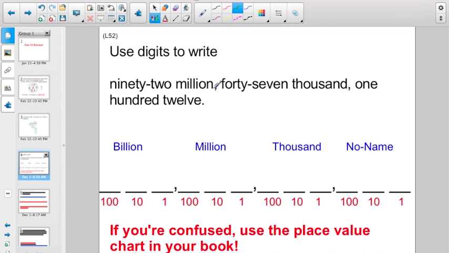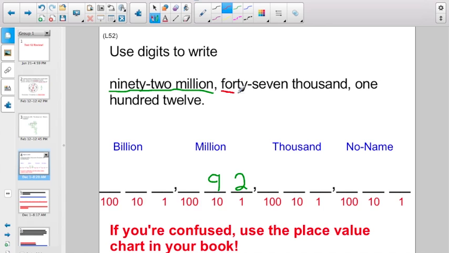So look at each section. My first section right now is 92 million. So I want 92 right here in my millions group. 92 sounds like you would need 9 tens and 2 ones to make 92 million, right?